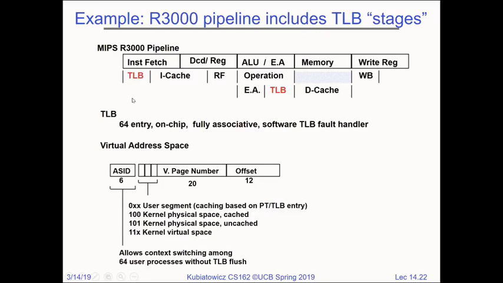So if you look, though, the way that MIPS R3000 pipeline was done was because the instruction is in virtual memory, you got to do a TLB lookup. Well, they did that in a half of a cycle.